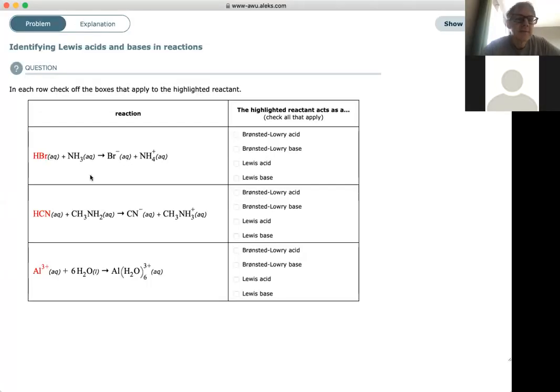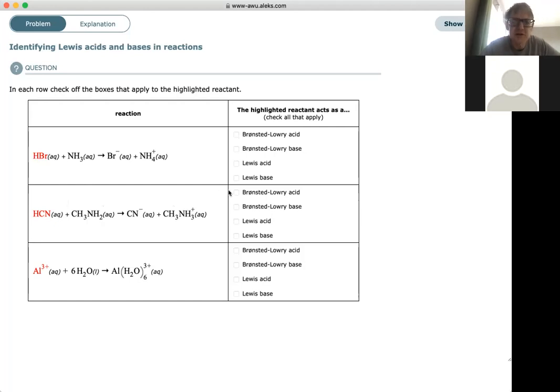So let's take a look at the second one here. HCN is reacting with CH3NH2, that's methylamine, reacting with hydrocyanic acid. So clearly you can see there is a transfer of a hydrogen ion from the HCN to the CH3NH2, the methylamine, right? You have this new bond over here, this new NH.